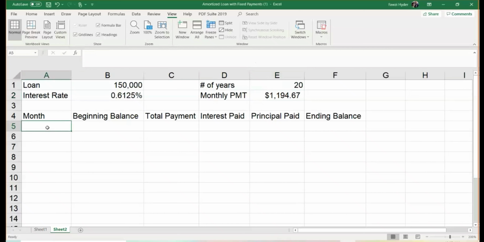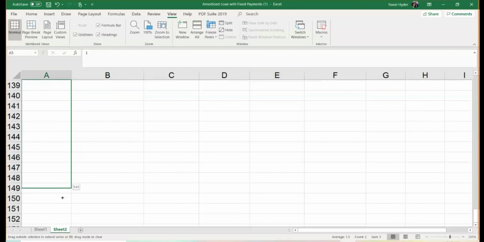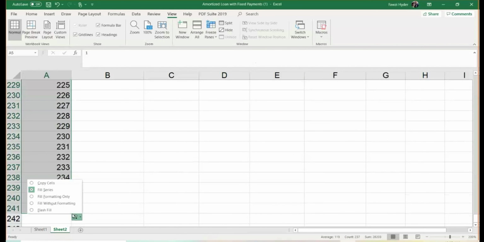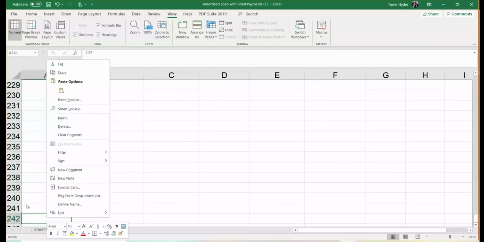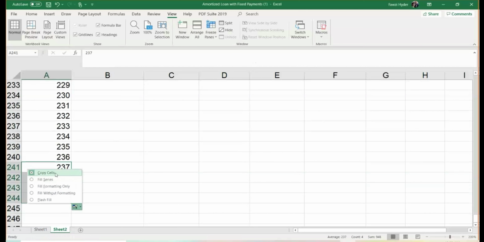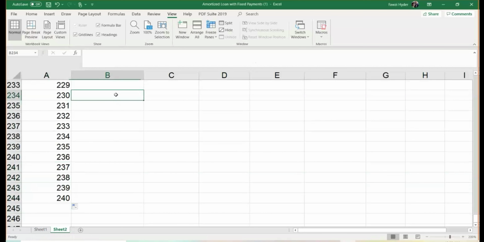So now let me start with this table. Here I have the month. So mainly here I will have 240 months. And then I need to determine the beginning balance. Now, mainly my beginning balance is $150,000.